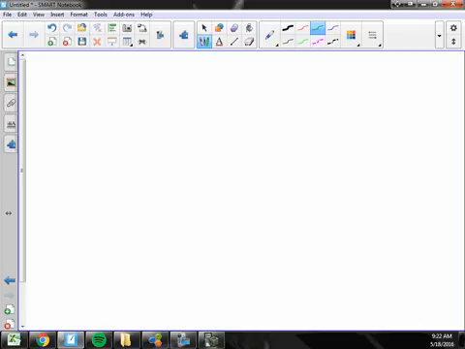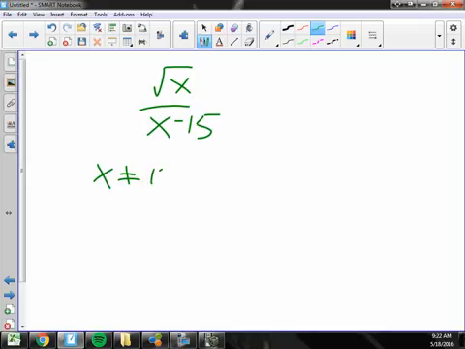Find the domain of the square root of x over x minus 15. So we know x is not allowed to be 15 because that makes the bottom 0, which turns it into infinity or negative infinity, depending on what direction you're coming from. And x has to be greater than or equal to 0.